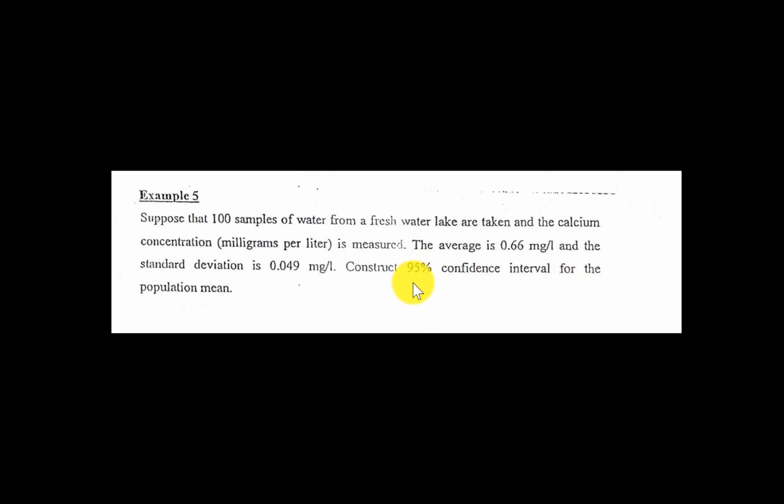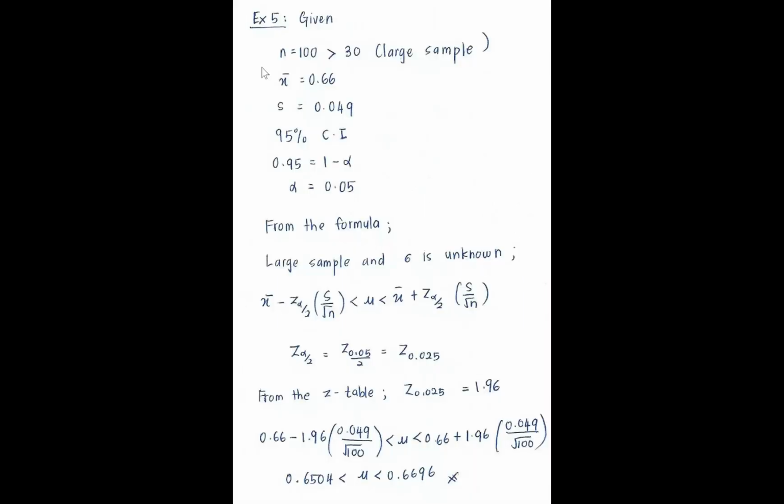That means your confidence coefficient becomes 0.95. Now we have n equal to 100, which is greater than 30, so it's considered a large sample. That means we are going to use the z table.